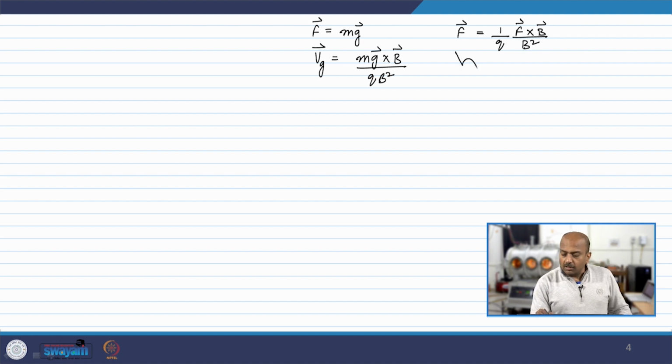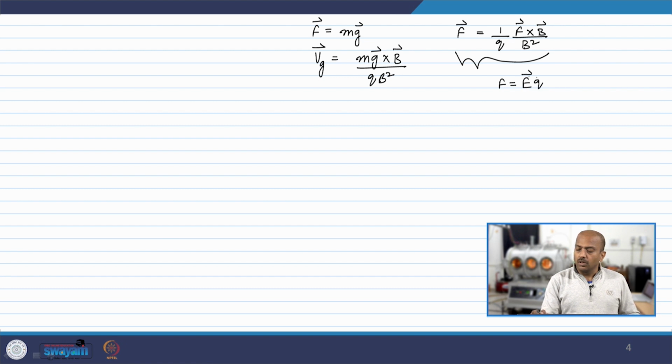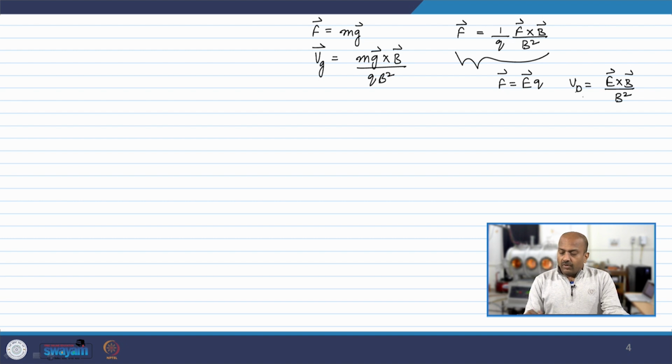If you look, this expression is valid even if you substitute F equal to EQ, you will get the same Vd, the drift velocity, which is E cross B by B square. If you have an electric field, then the drift velocity will not depend on the charge or mass of the particle, but the generalized expression for the drift velocity seems to be dependent on charge.